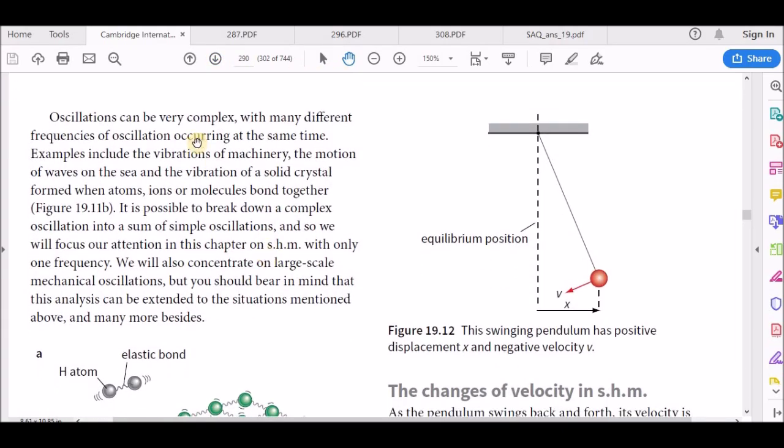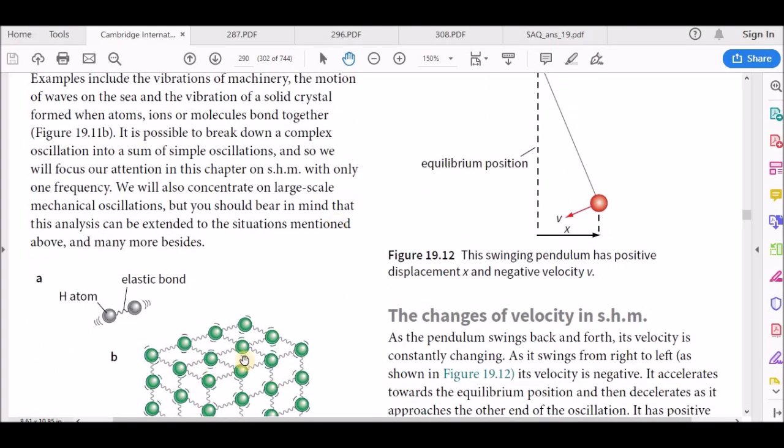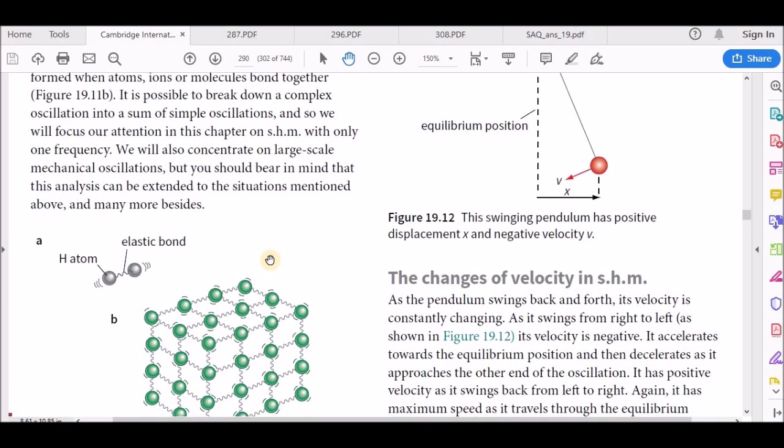Now oscillations can be very complex with many different frequencies of oscillation occurring at the same time. Examples include the vibrations of machinery, the motion of waves on the sea, and vibration of a solid crystal formed when atoms, ions or molecules bond together. Like for example over here, figure 19.11b.